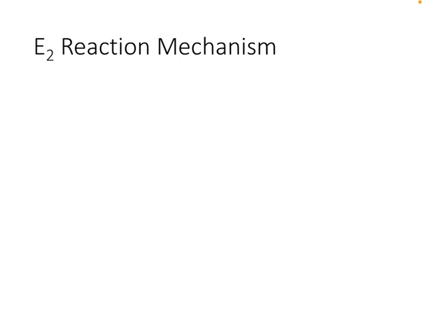Hi everyone! In this video we are going to go over the E2 reaction mechanism in a little more detail. So previously we said that an E2 reaction is a concerted second order reaction. And concerted means that everything happens at once.